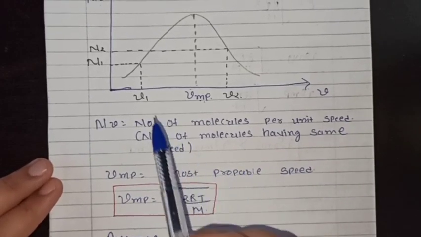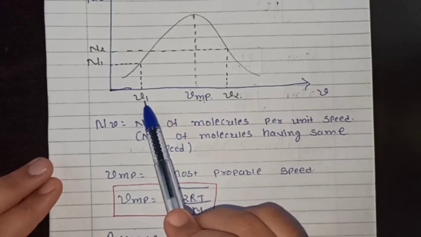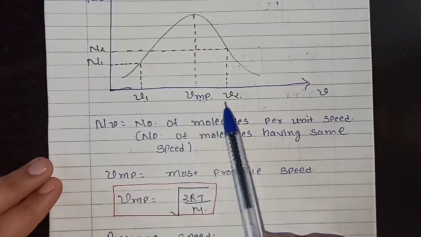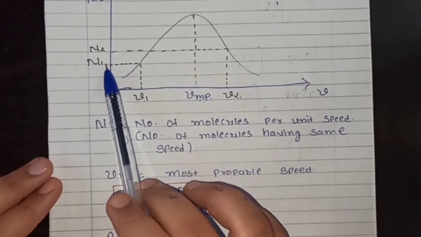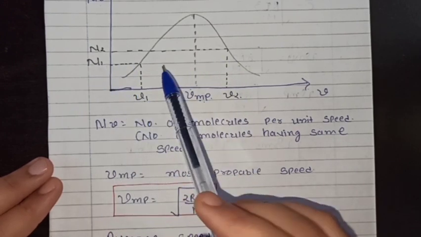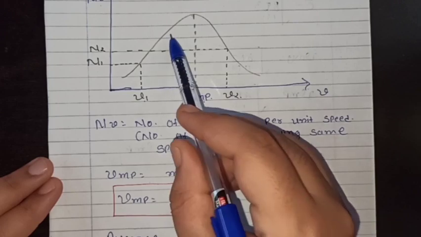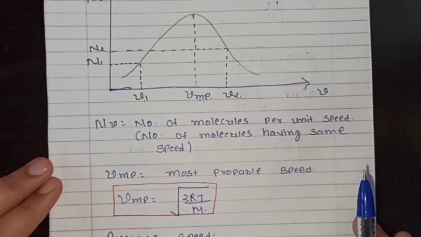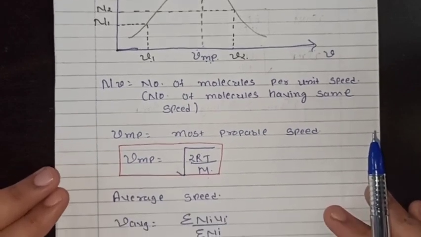Let's say at speed v1 the number of molecules is N1, at speed v2 the number of molecules is N2. In the same way, at a certain speed v3 we can find the number of molecules N3. From this we can find the average speed.